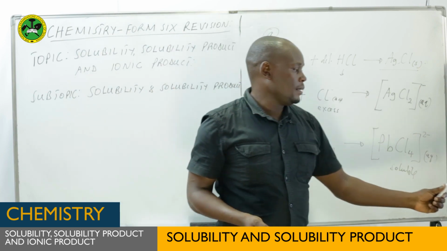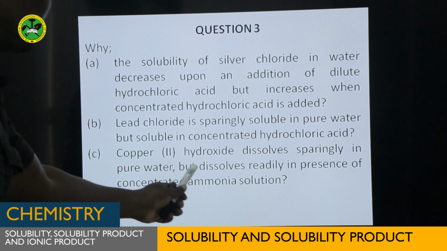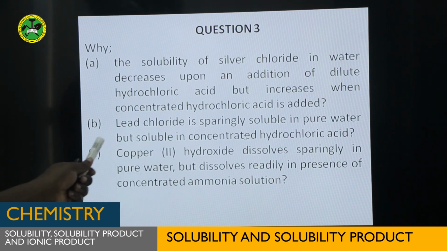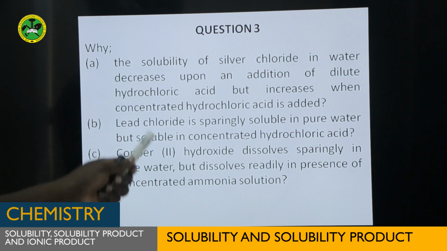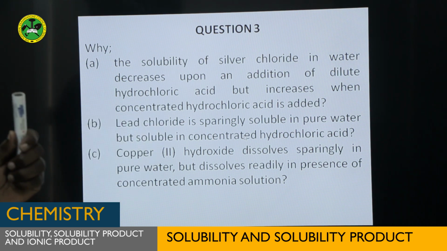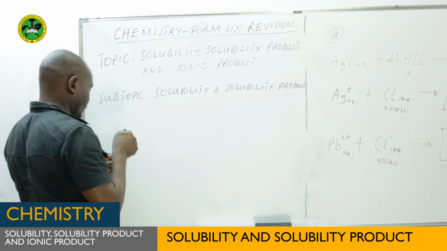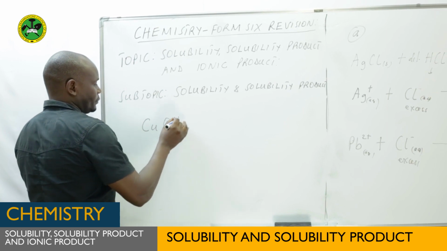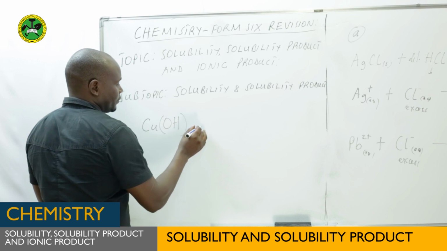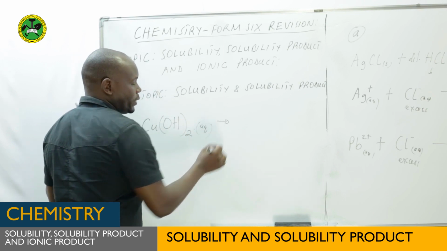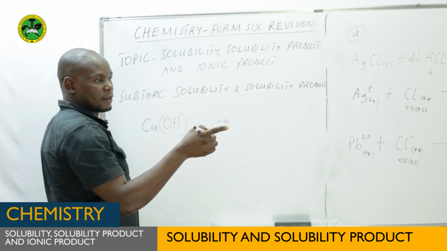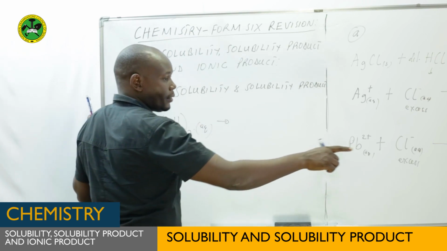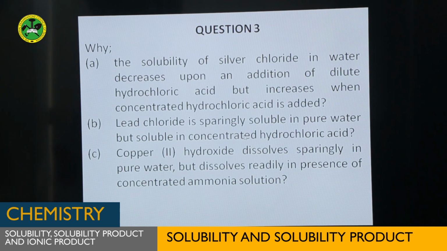And the third part of our question is that copper(II) hydroxide dissolves sparingly in pure water, but it dissolves readily in the presence of concentrated ammonia solution. What it means is that copper hydroxide is this one. It is sparingly soluble in pure water, but in concentrated ammonia solution it dissolves readily.